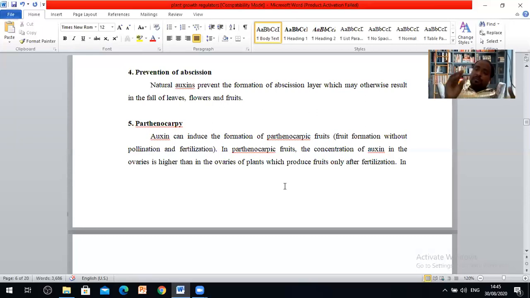So the formation of such fruits without seeds is promoted by auxin. In parthenocarpic fruits, the concentration of auxin in the ovaries is higher than in the ovaries of plants which produce fruits only after fertilization.